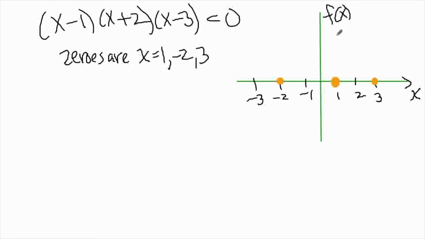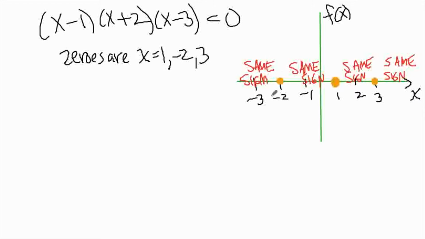So in this region it has the same sign, whatever that sign is, and over here it has the same sign. Every side of the x-intercept has some sign that stays constant, because the function can only change sign at those orange dots.